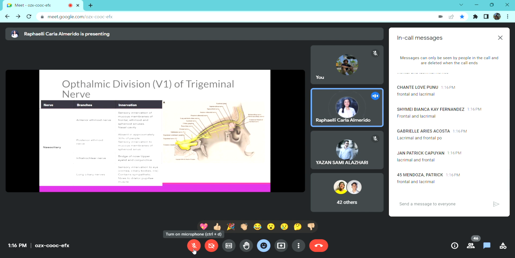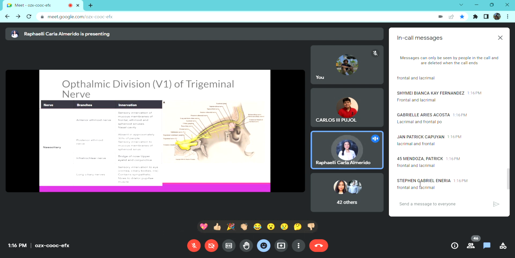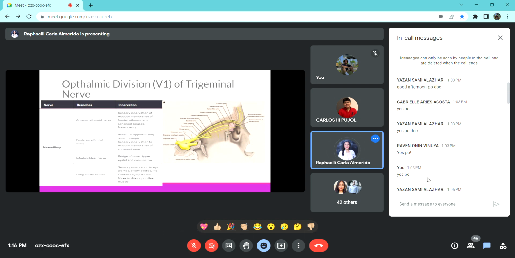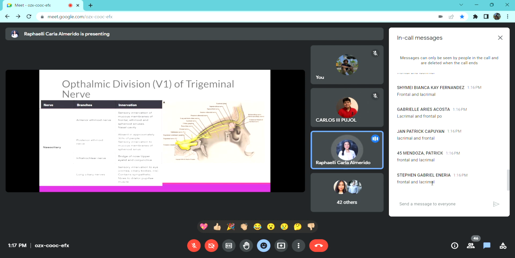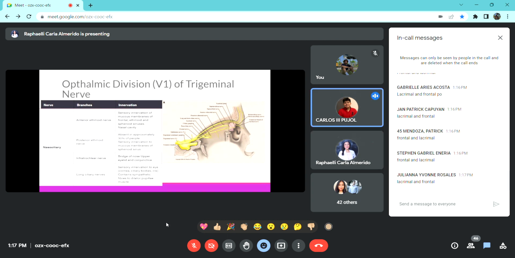Hello? Hello? Doc, nag-chat po kami. Chat box po. Meron na ba? Parang walang pumapasok sa akin. Nag-Shopee ba ako? No po, pero nag-chat na po kami.